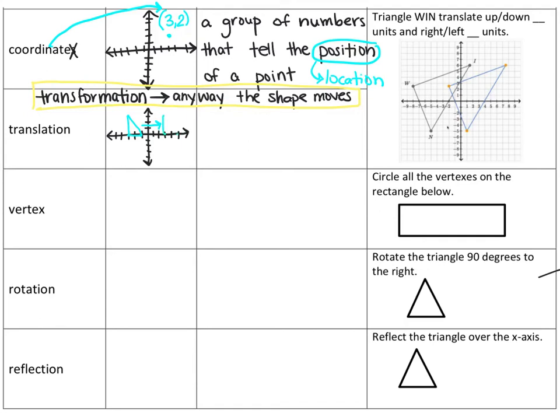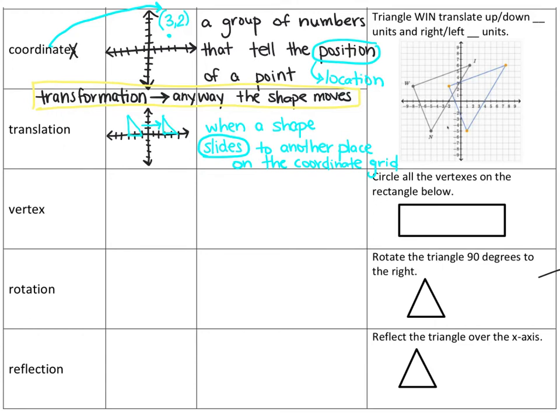So it hasn't changed shapes, it's just moved. It also is important to notice that the triangle did not rotate at all. Because if it rotates, then we come down here and we call that rotation. But translation just means to slide. So the important word here is slides. When a shape slides to another place on the coordinate grid.